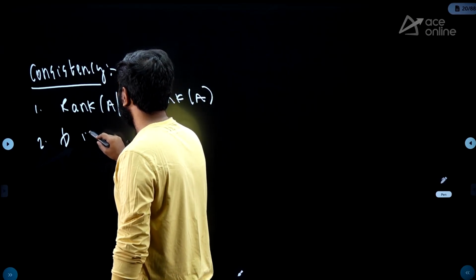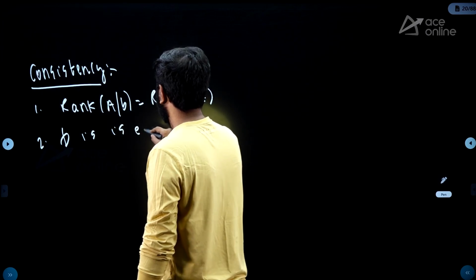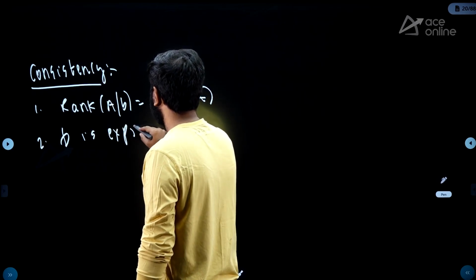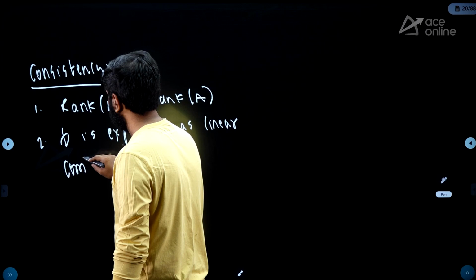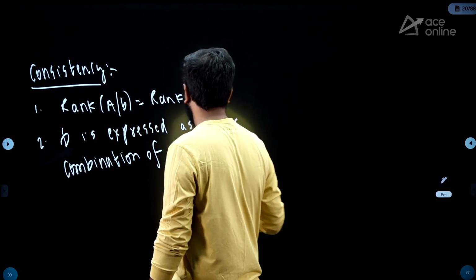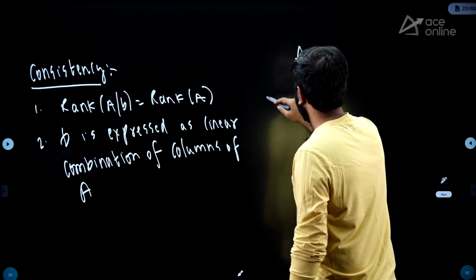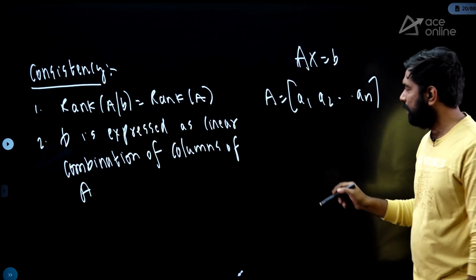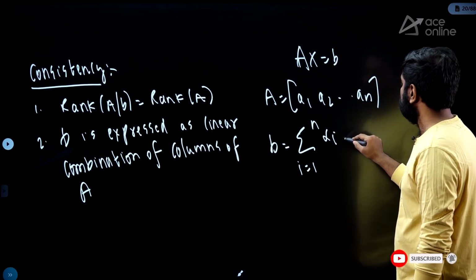So when B is expressed as a linear combination of columns of A. Whenever they say that, look, there is a system called Ax equal to B, where A is like this, A1, A2 up to An, and they also give you further information that B is like this, summation i from 1 to n, let's say some alpha i into Ai, some linear combination.